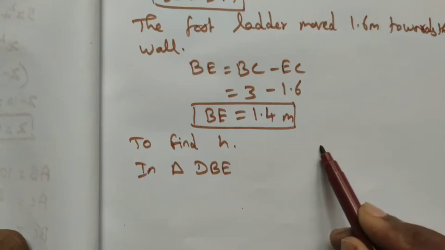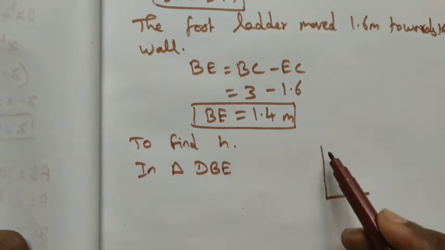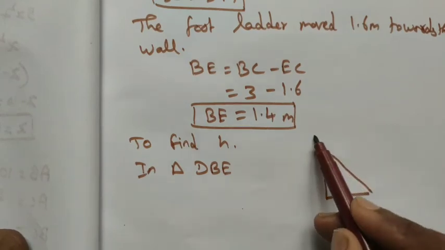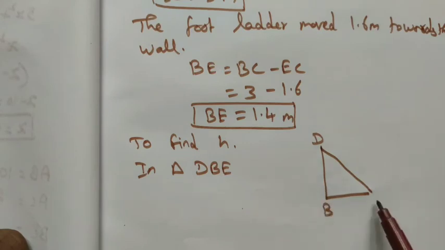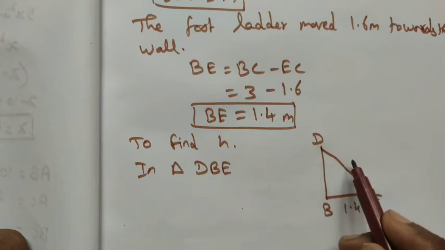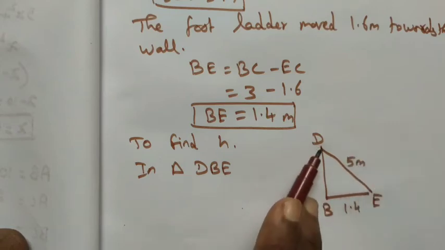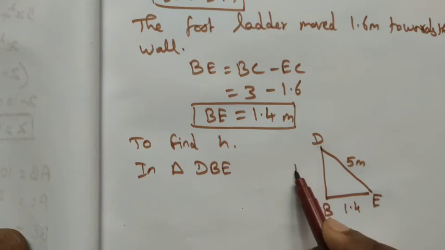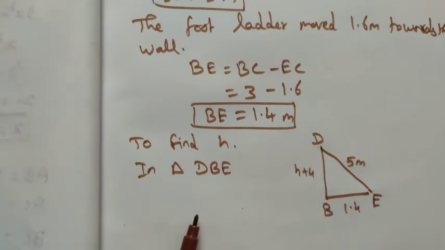Here I draw the diagram roughly. D, B, E. BE is 1.4 and then DE, the ladder, is 5 meter. So DB is equal to H plus 4 meter. D to A is H, and then AB is given as 4, so H plus 4 or 4 plus H.